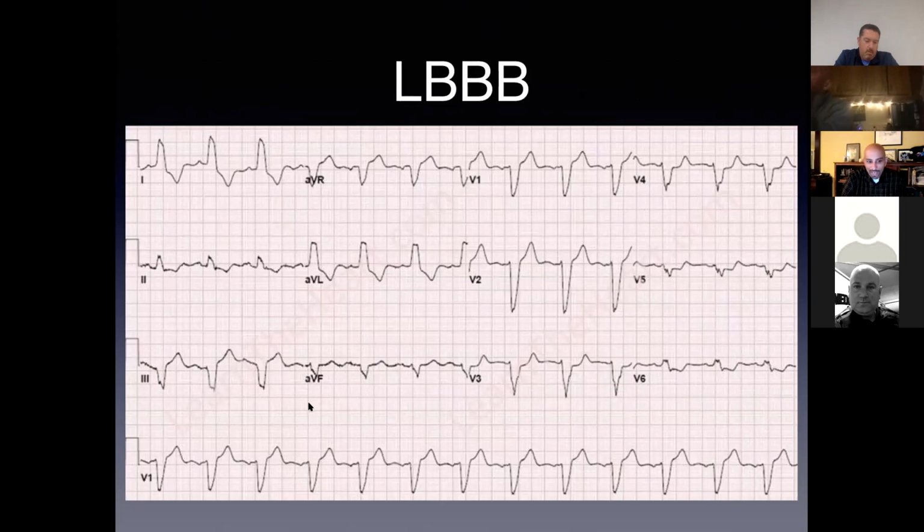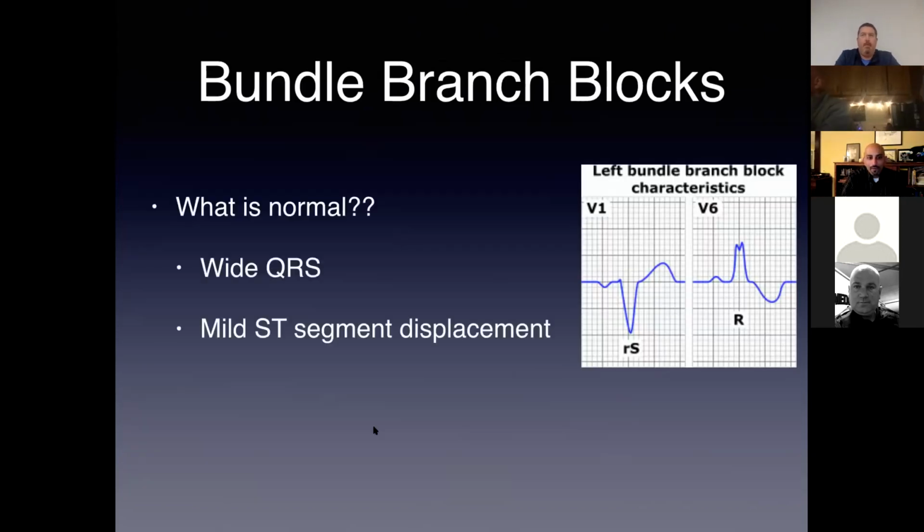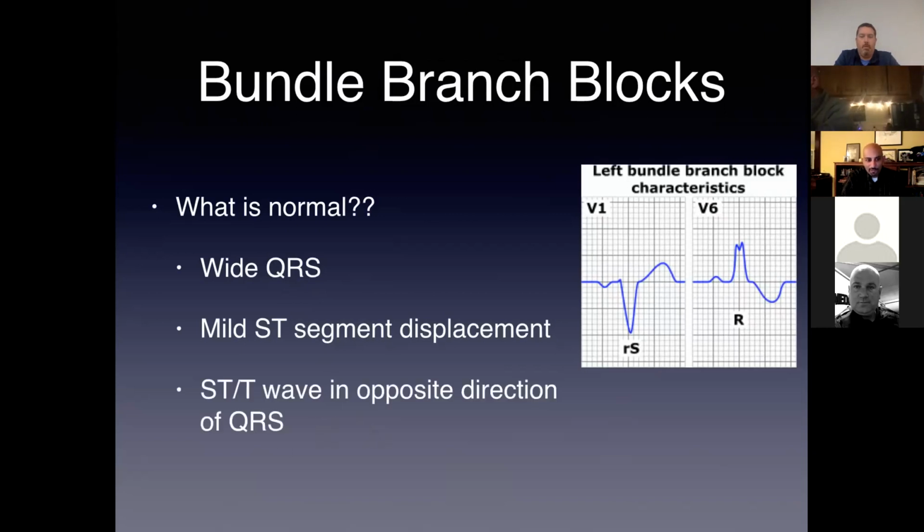The T wave is just opposite of the QRS. That's what you'd expect. The reason that becomes important is because if you ever see a bundle branch block where the QRS and the T wave are going in the same direction, that could be a sign of a heart attack. And we'll talk about that at the end if we have time. So it's a wide QRS, and the ST and the T wave go in the opposite direction of the QRS.